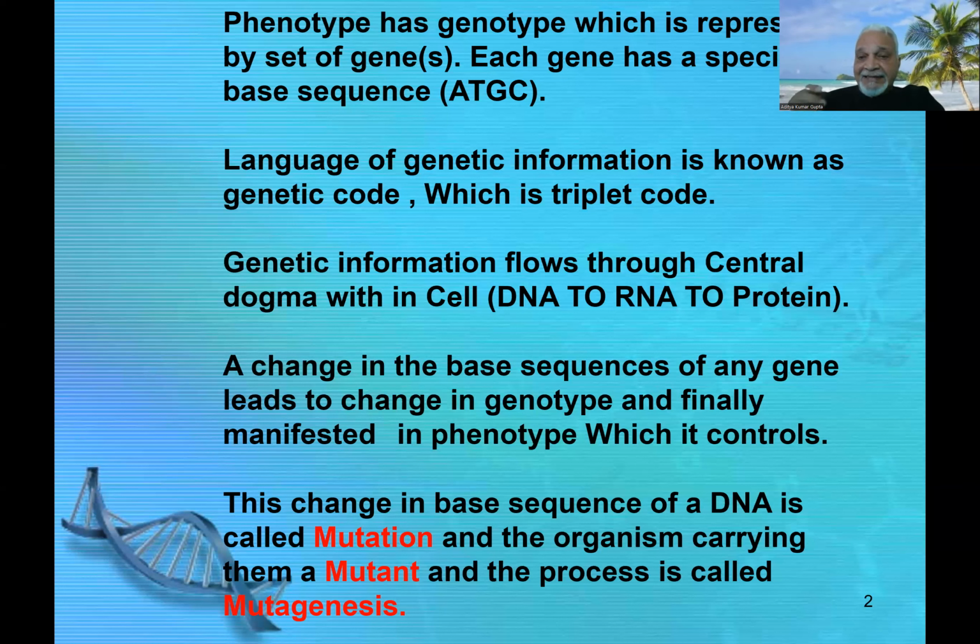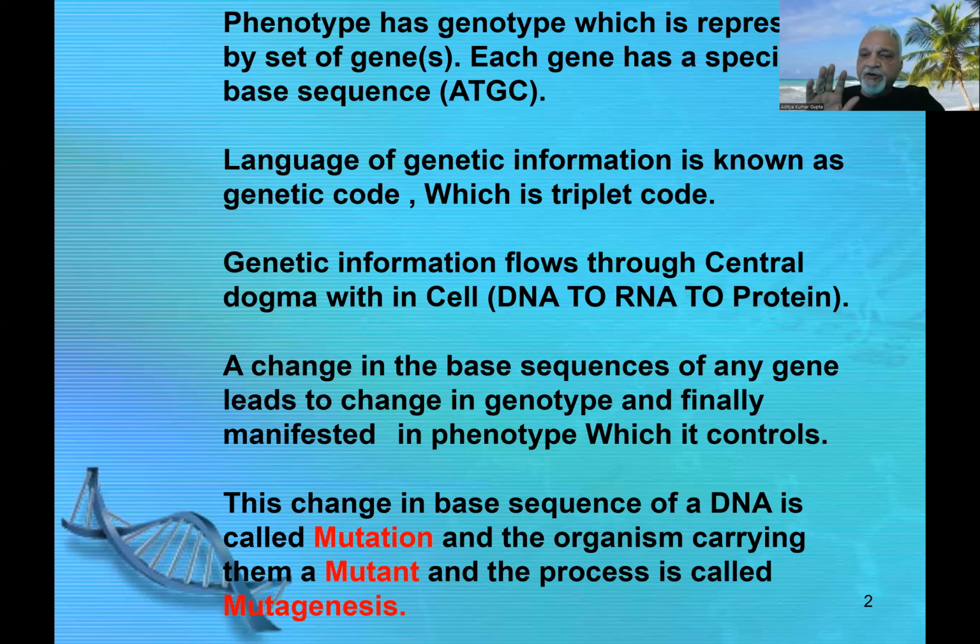Okay, and this change in base sequence of a gene is called mutation. And the organism or the strain or the member which has this change, we call it a mutant. And the process by which this change occurs from normal to changed, we call mutagenesis.